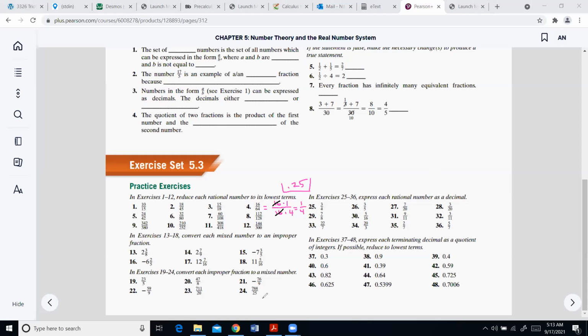Also, you could pull out the whole part from the fraction. For example, in exercise 24, people don't want to have fractions like 788 over 25, because it's better to see what the whole part would be, how many times 25 will fit into 788. So I start with 3 because 3 25s is 75, isn't it?